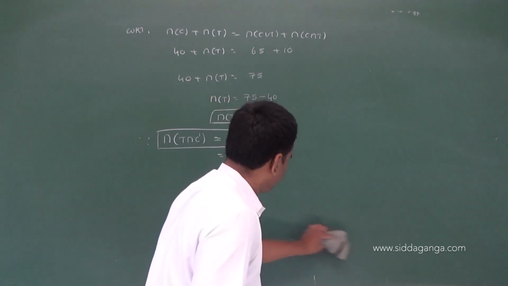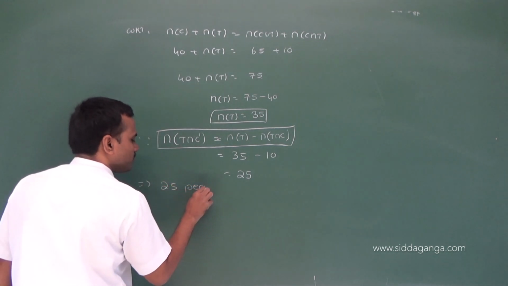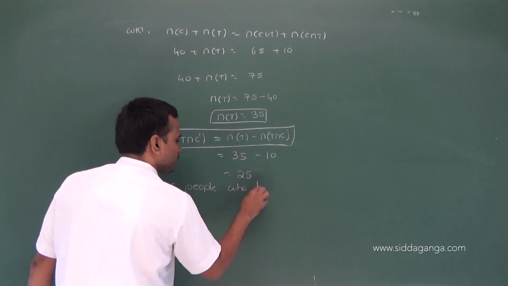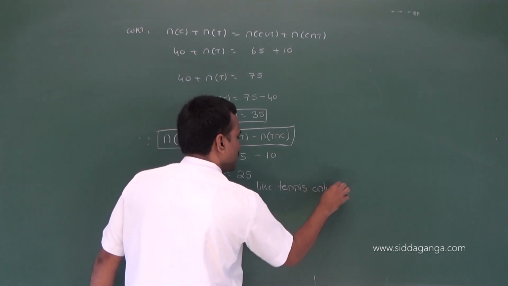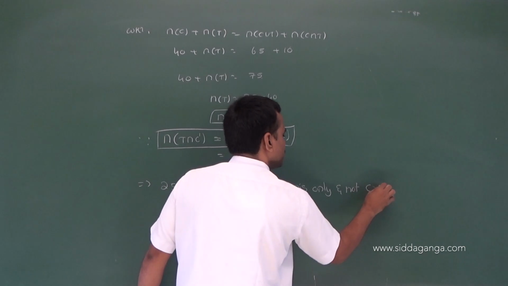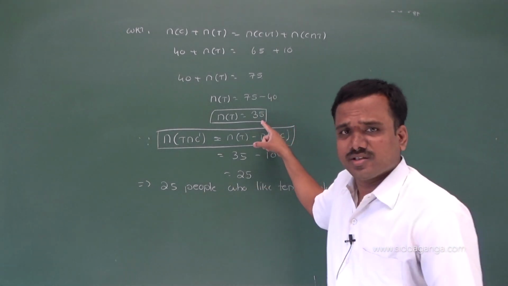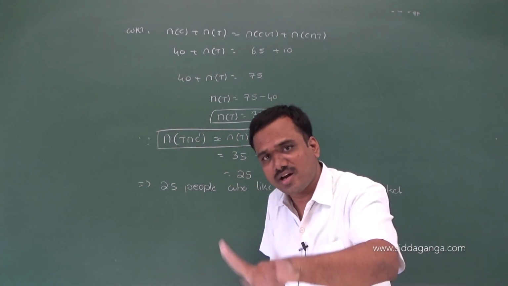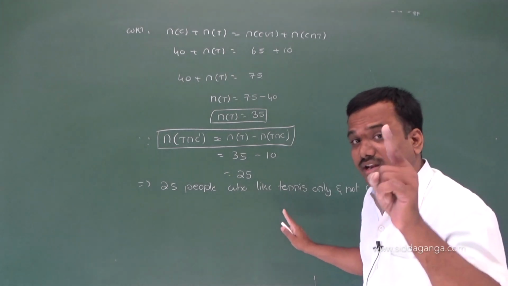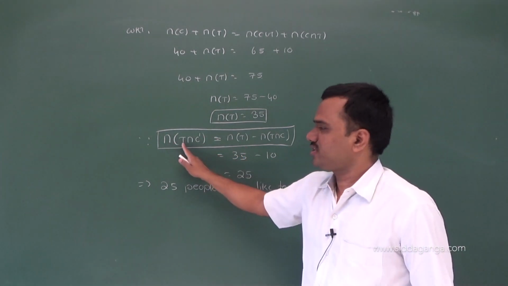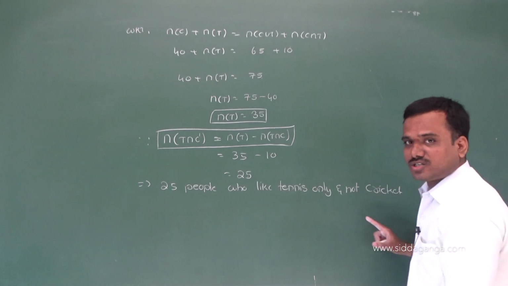So 25 people like tennis only and not cricket.